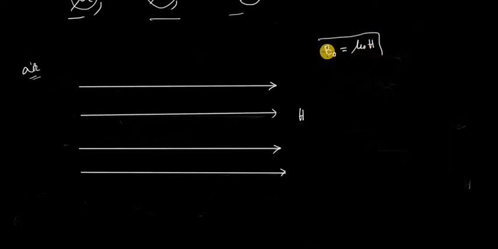Again I repeat, H is the magnetic field intensity or magnetic field strength. The unit of H is ampere per meter in SI, or Oersted in CGS or electromagnetic units.